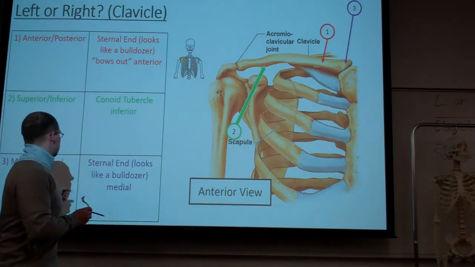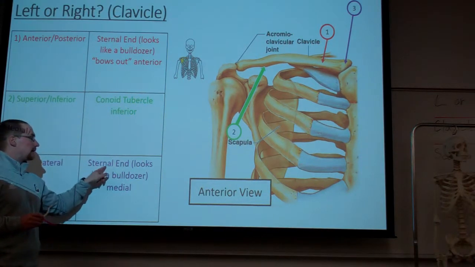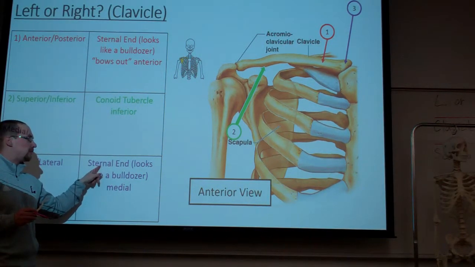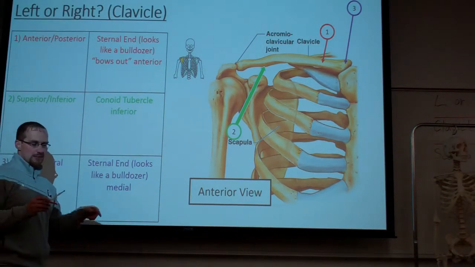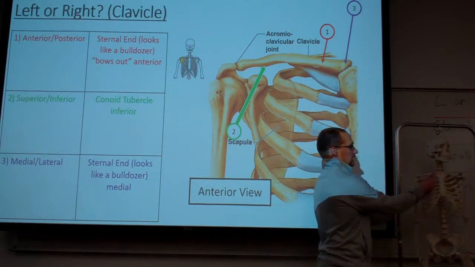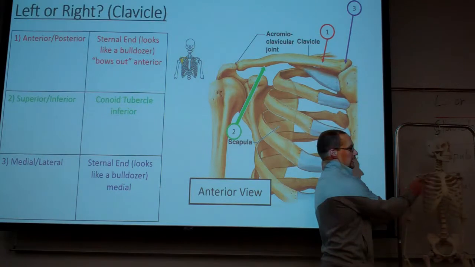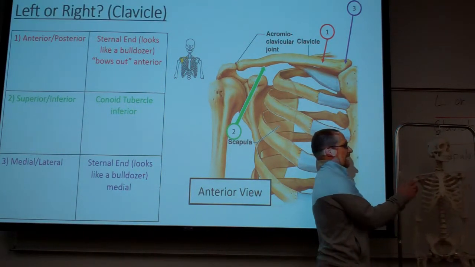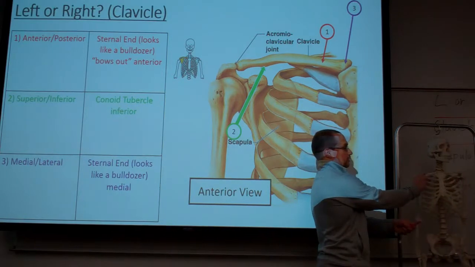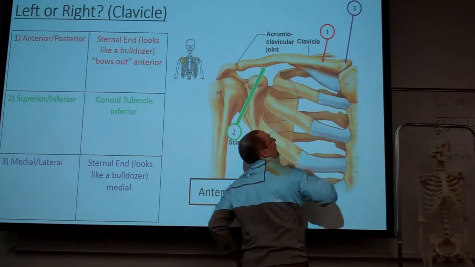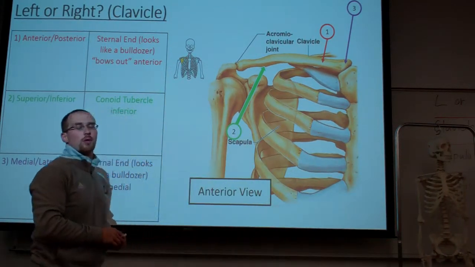And lastly, since the sternum is in the middle, the sternal end has to be medial. If you take a look at your skeleton, here's my sternal end. It's closer to the middle. It's not going to be like this, where the sternal end is going out. It's going in, closer to the sternum. That's your sternal end, and it's going to be more medial.